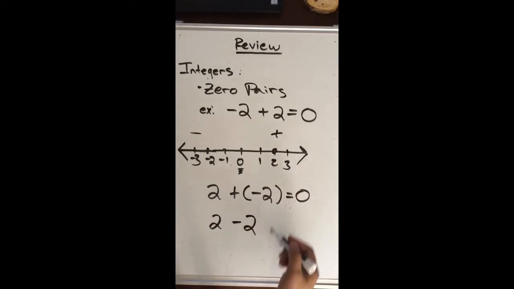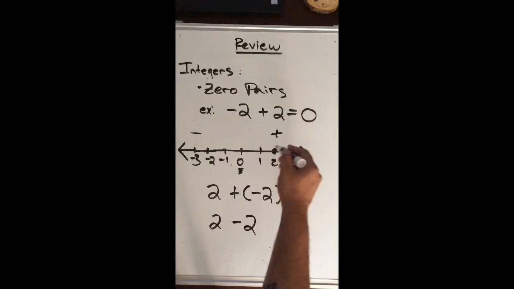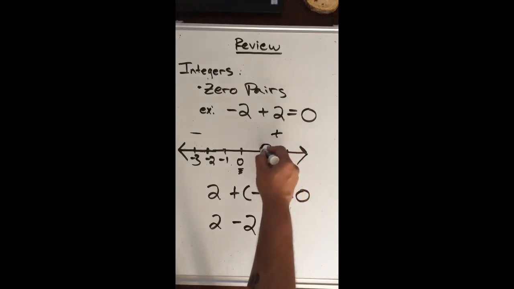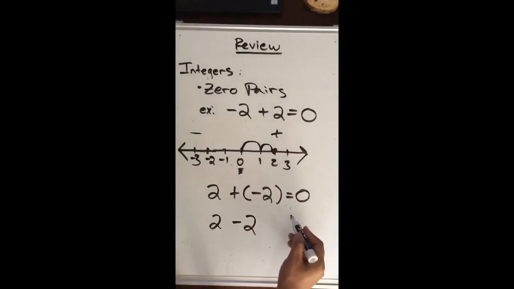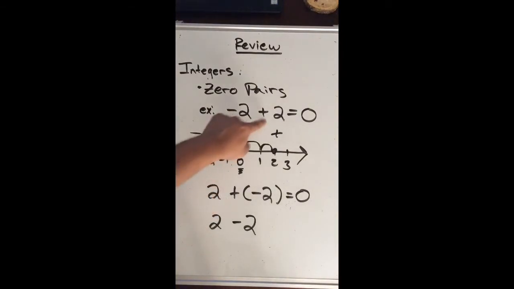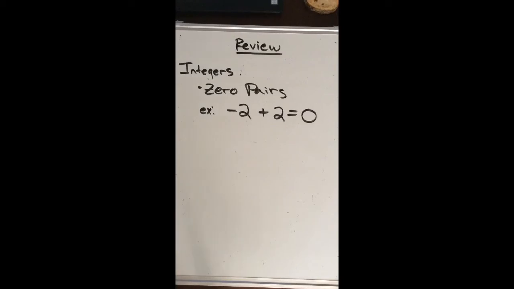And if we're adding 2, but we're doing the opposite, we're subtracting 2. That's 1, 2. Back at 0. Thus confirming that if you have a positive number and you're adding it to a negative number, you get a zero pair.